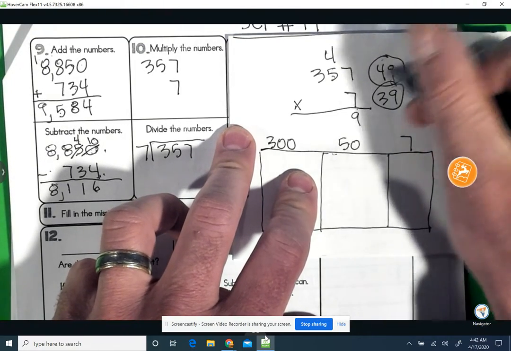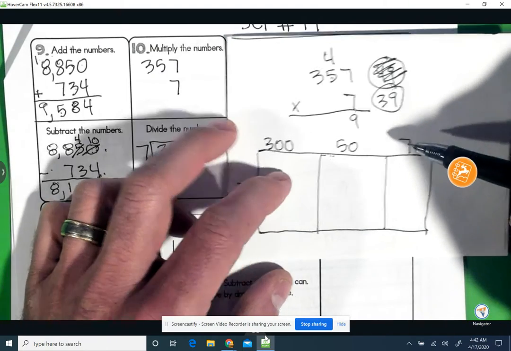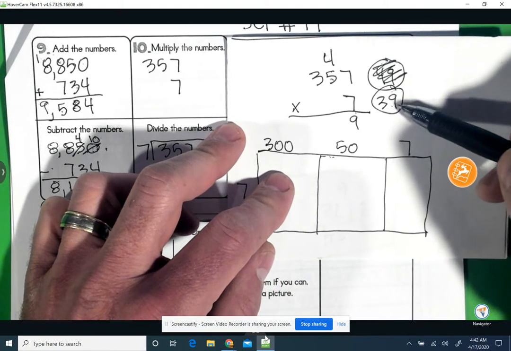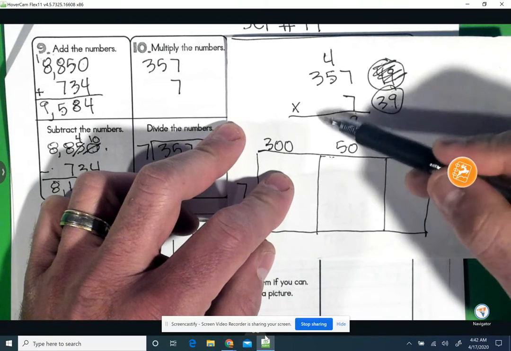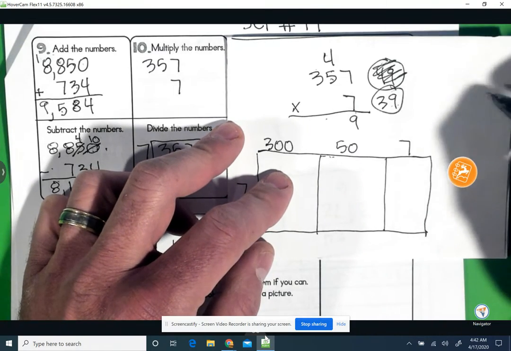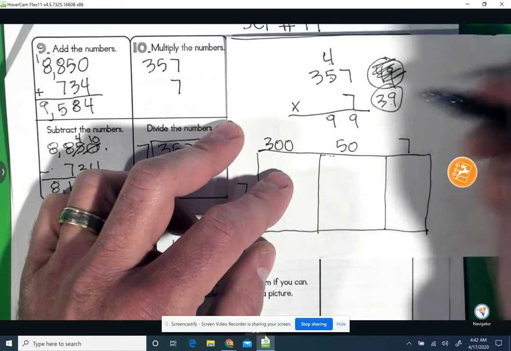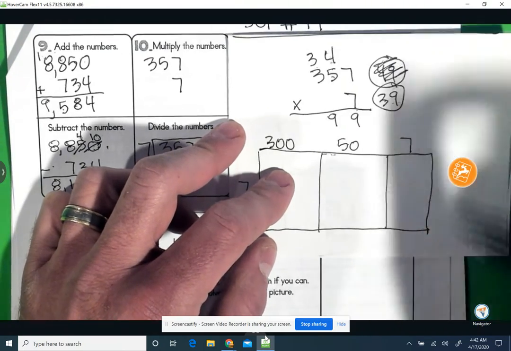Put that down. Circle it. We're done with 49. We can now see a little bit easier when we put this number over here to the right hand side. We can see which digit of 39 needs to go down and which digit does need to be carried. The 9 needs to go down underneath the 5, and the 3 will be carried.